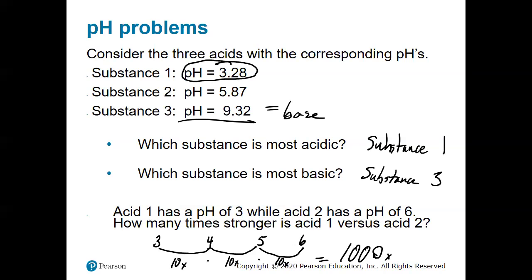We'd multiply them. 3 is 100 times better than 5. 3 is 1,000 times better than 6. 3 is 10,000 times better than 7. 3 is 10 times worse than 2. The effect has to be multiplicative. Otherwise, it wouldn't make a whole lot of sense.